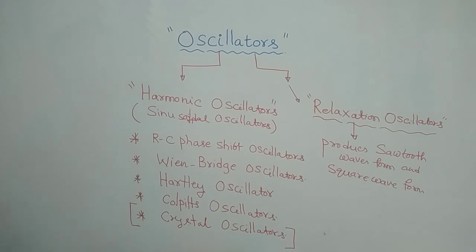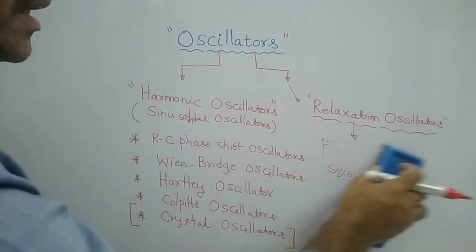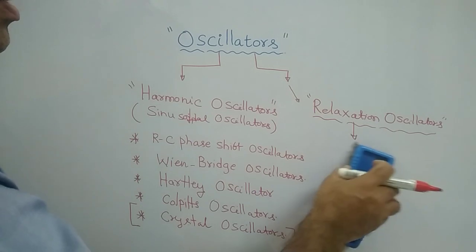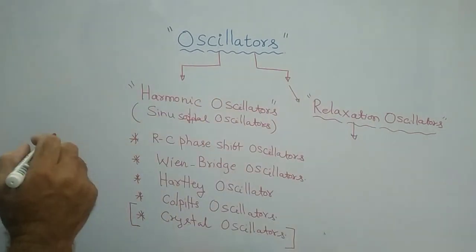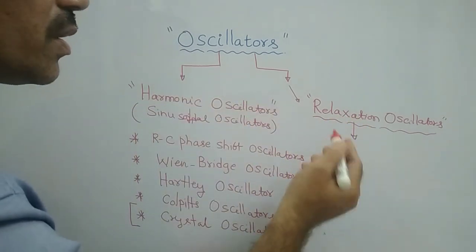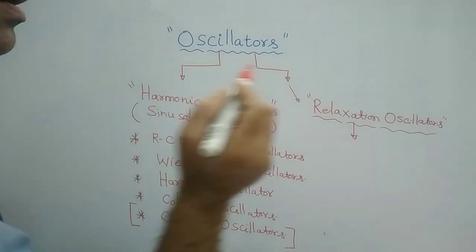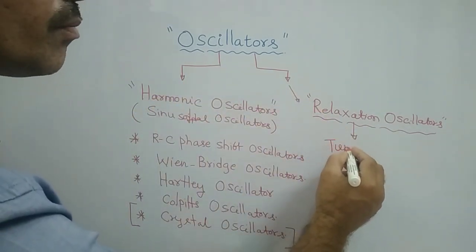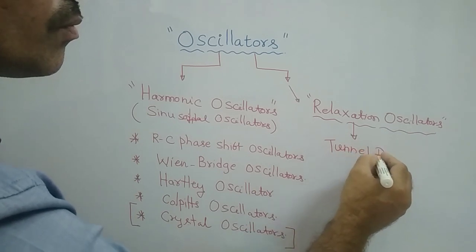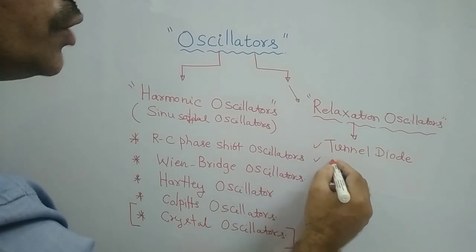And what are the examples under relaxation oscillators? Under the relaxation oscillator, a tunnel diode can be used, and also the UJT.